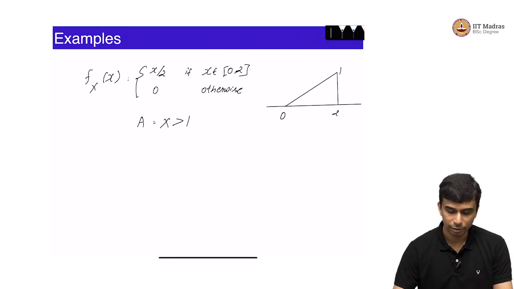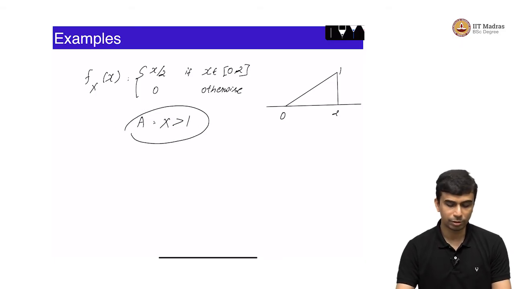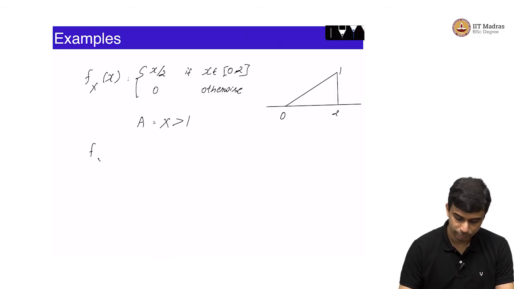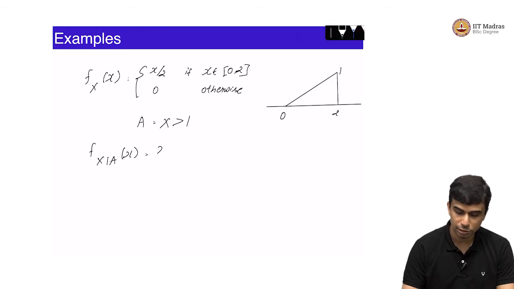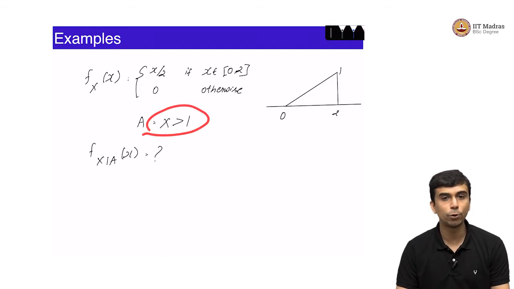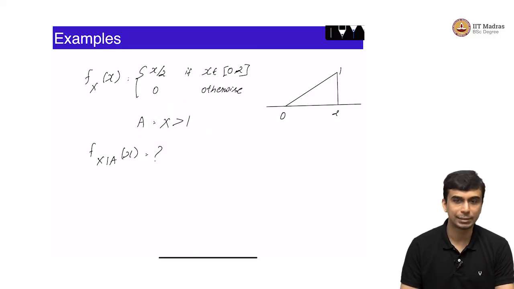What does the conditional probability density function now indicate? This is the question: what is the conditional probability density function of X? Even though you now happen to know that X is greater than 1, you do not know X completely, because it can take anything between 1 and 2.